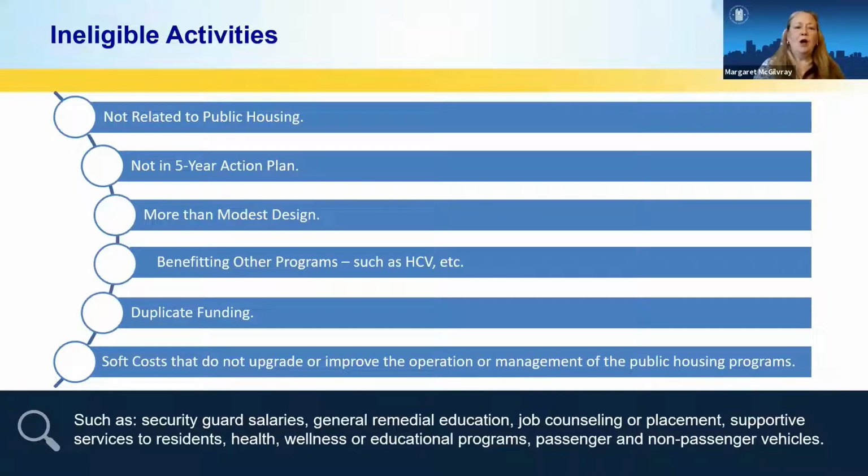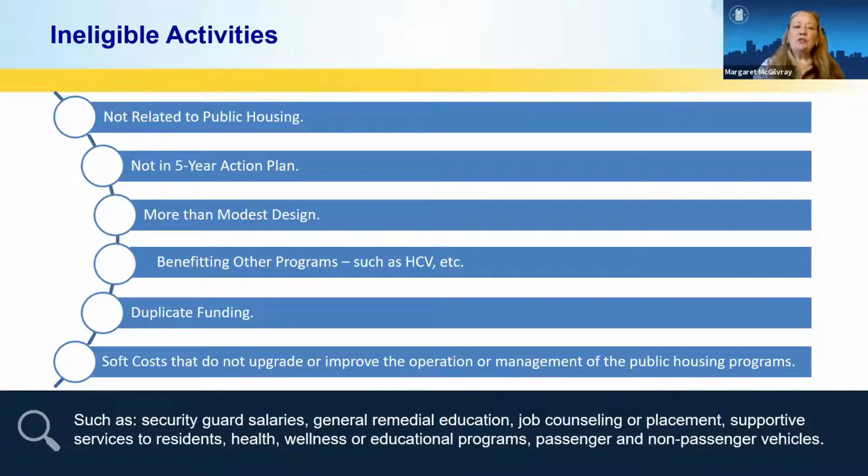So for example, a PHA could purchase a truck with capital funds if it were used exclusively to haul items for use with force account modernization or development activities, or it was used by PHA personnel to manage and monitor modernization development. In certain cases, the vehicles can be purchased under management improvements, but again, it must be associated directly with public housing and a management deficiency or energy improvements.